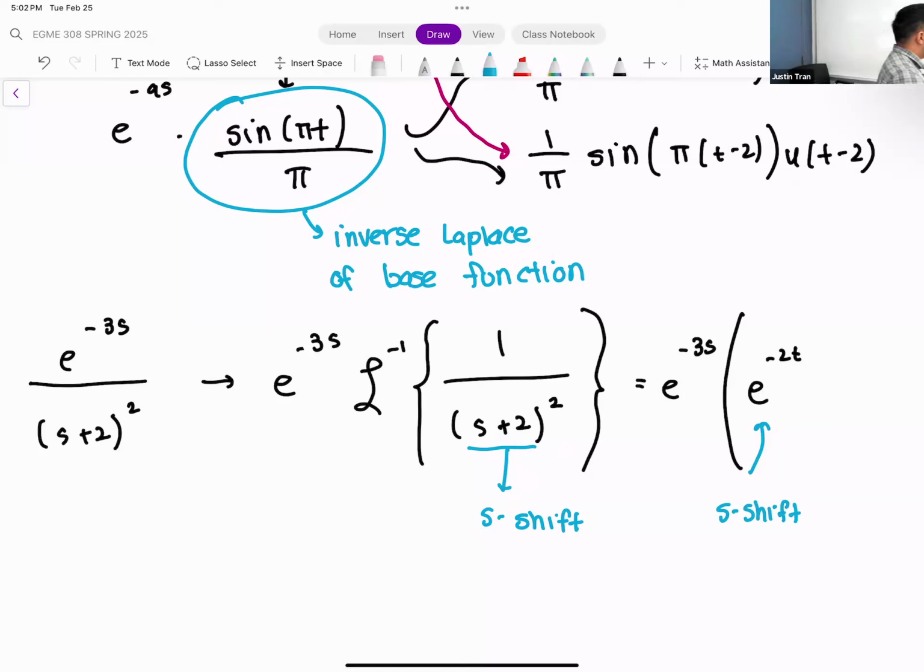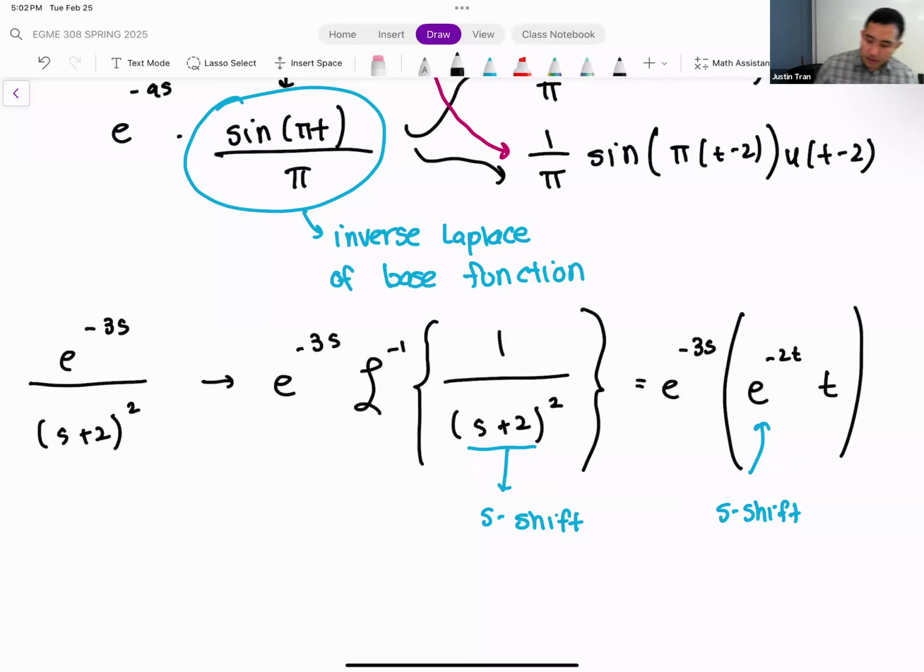And then besides that, we have the inverse Laplace of 1 over s squared, which we know is t. All right, so that's our base function there. So our base function with the s shift is e to the minus 2t times t.